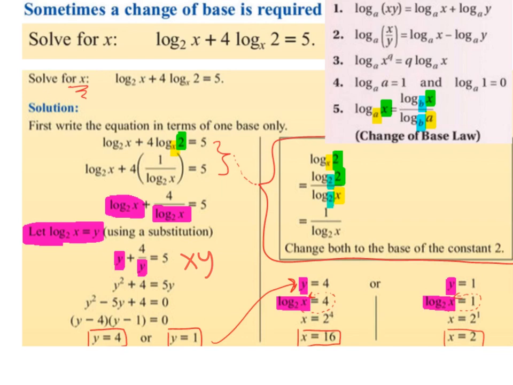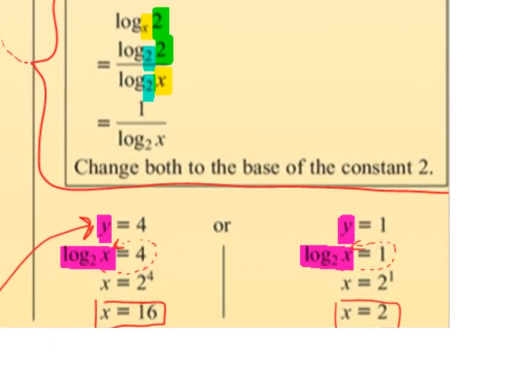Now we go back and substitute y for log base 2 of x, because remember that's what we swapped it for. So we have log base 2 of x equals 4. And then we do our scorpion tail method. So 2 to the power of 4 equals x, or x is equal to 2 to the power of 4. And 2 to the power of 4 is 16, so x is equal to 16.